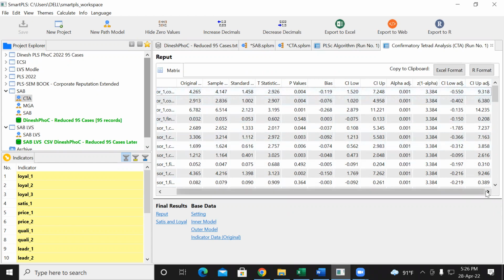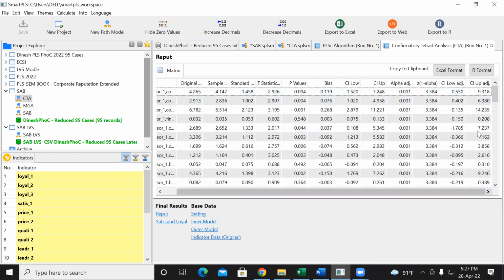That means this is not different from 0. 0 is included within the boundary. If so, for the majority, then it is a reflective construct. Remember, that's a rule. Reflective indicators are there.